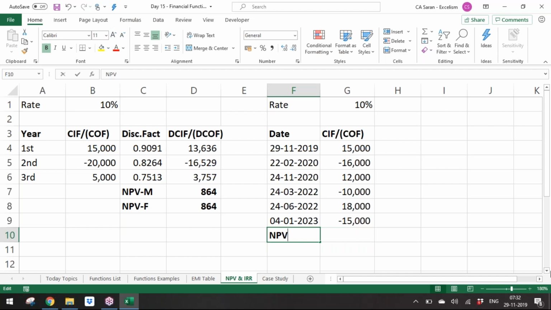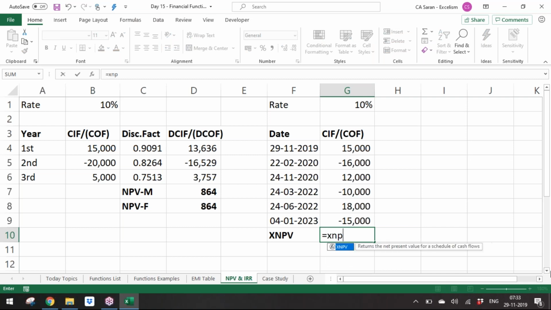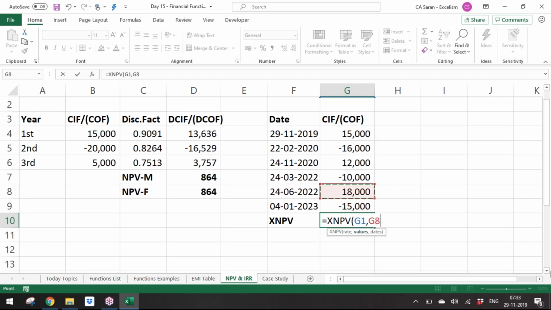Now it's not just an NPV, it's an XNPV. X is an indication that it's for inconsistent periods, equal to XNPV. Friends, XNPV was introduced in the 2010 version. If you are using 2007, this function you will not find. Now what is the rate? My rate is this, comma. What are the values? These are the values, comma. What are the dates? These are the dates.